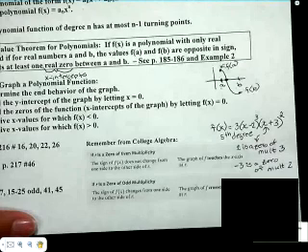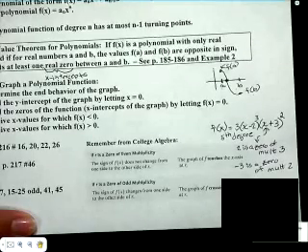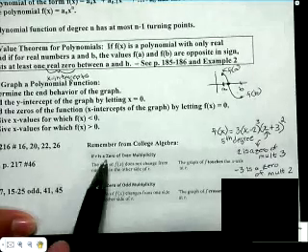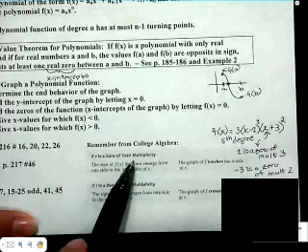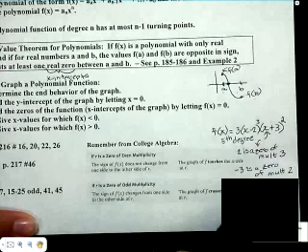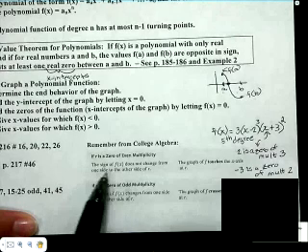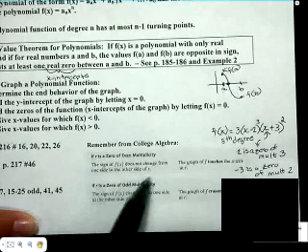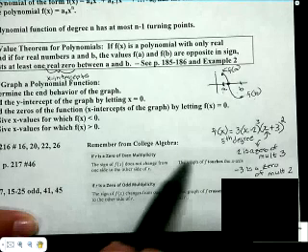And the reason that we need to know the multiplicity of each zero is whether that multiplicity is even or odd tells us something about the graph at that point. And here's the note from college algebra. If R is a zero of even multiplicity, in other words, in this example, negative 3 is a zero of even multiplicity, the sign of the function does not change from one side to the other of R. Or here's, in my opinion, a better way to say it.